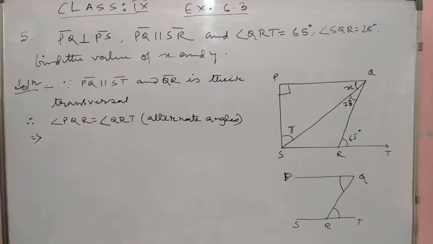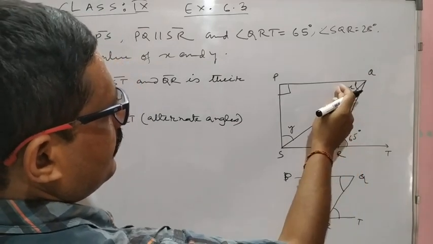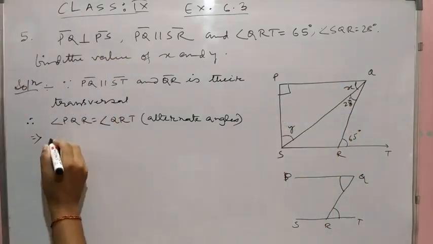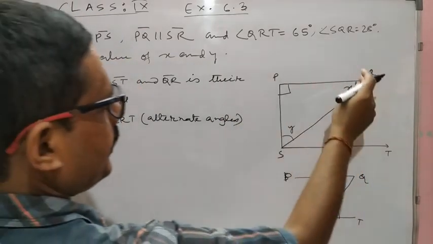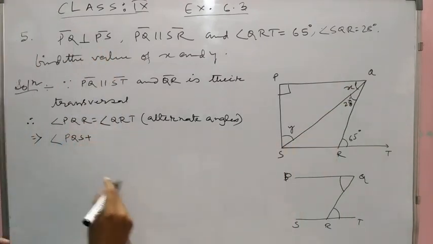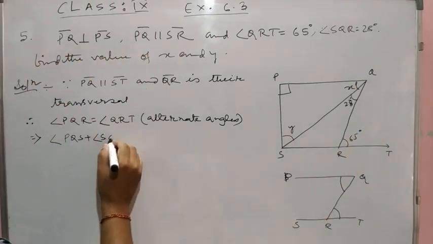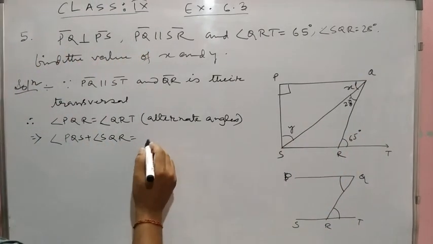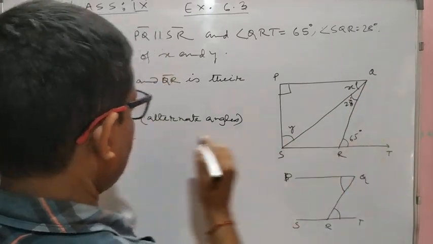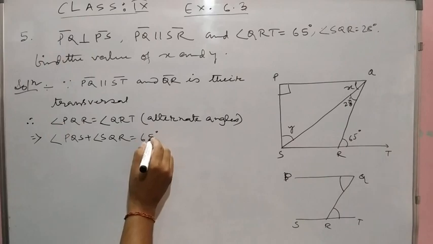This implies that PQR can be written as this plus this. So PQR can be written as angle PQS plus angle SQR, and QRT is 65 degrees, as given.